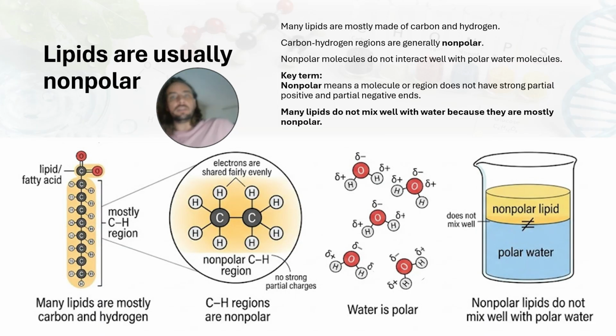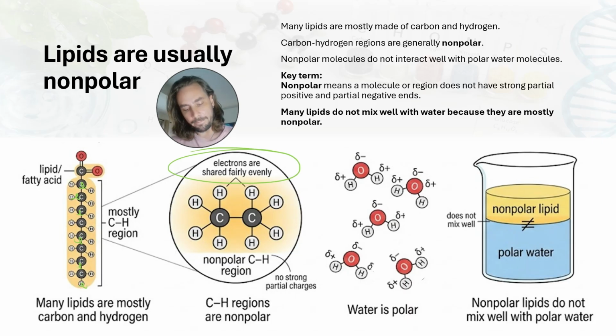So lipids are usually non-polar. And what non-polar means is that the electrons here are shared equally with all the molecules. So there are no regions where electrons are shared unequally. So all the electrons are shared equally, meaning that it does not form regions which are slightly positive or partially negative.